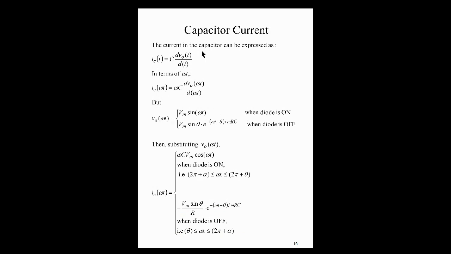The current in the capacitor, right? We can express it like this, right? So C times the change in voltage with respect to time, and then we can substitute our omega t for the time, and it will look like this when you do the differentiation.